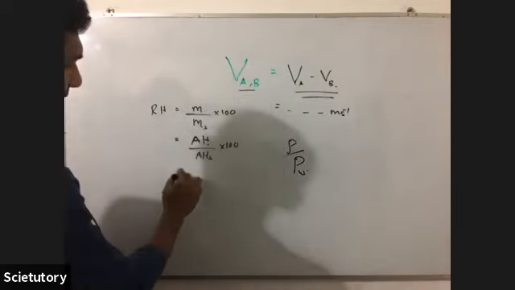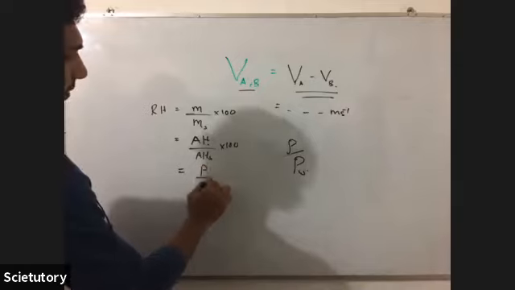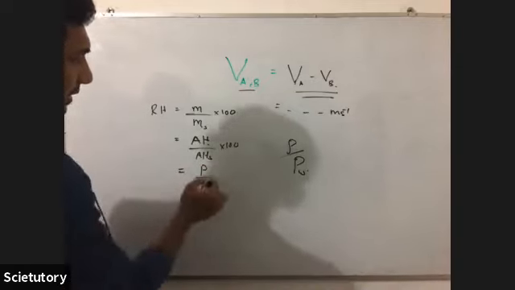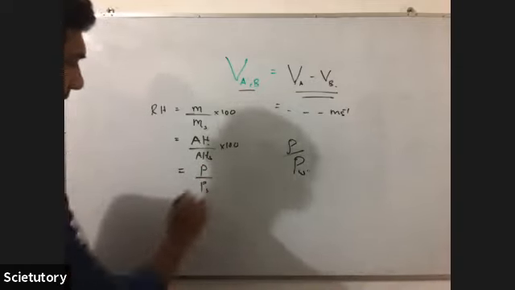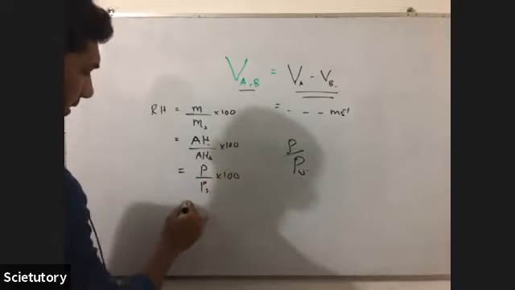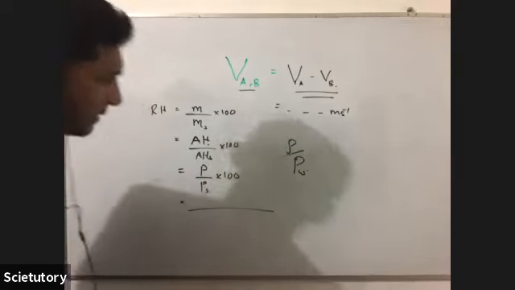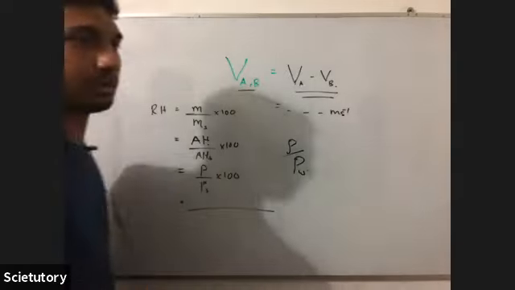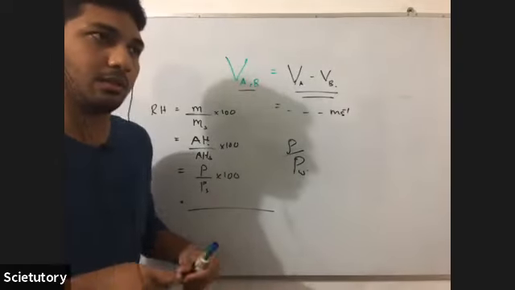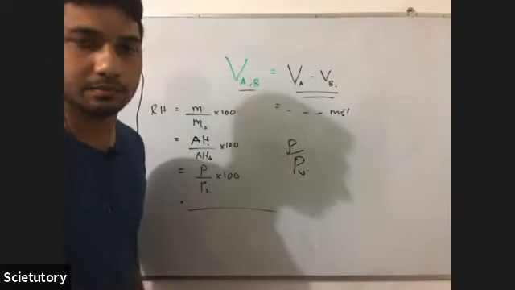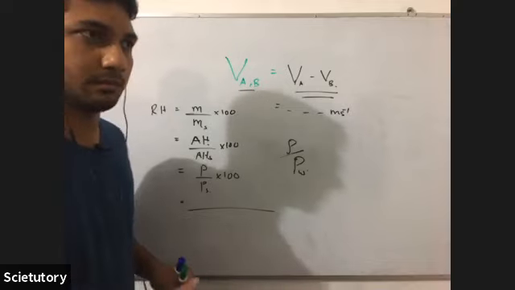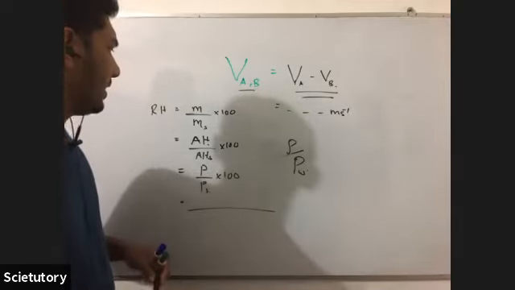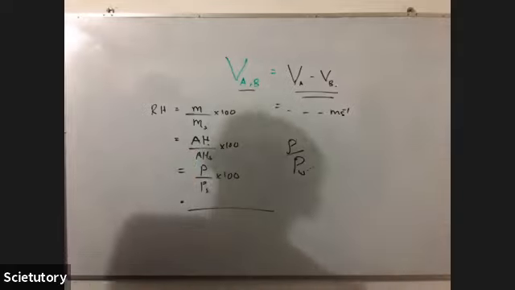What are the other equations in relation to pressure? Unsaturated vapor pressure over saturated vapor pressure into 100. And what is the other equation that you apply in the practicals? This is the density one, AH over AHS.